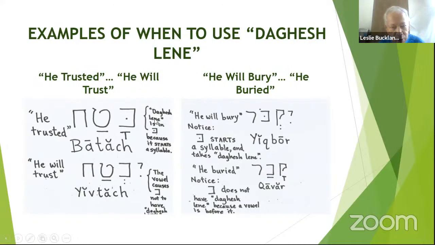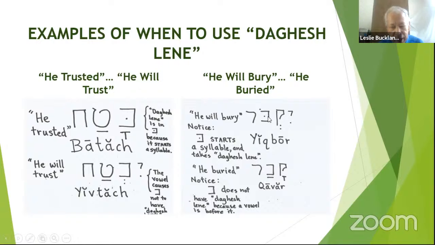But notice here also, over on this side of the screen, this is the word yikbor. He will bury. Notice we're dealing with Beth again. Notice that Beth starts a syllable in the middle of the word. This is the first syllable, yik. This is the second syllable, bor.